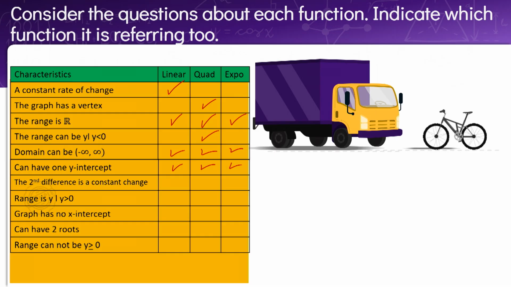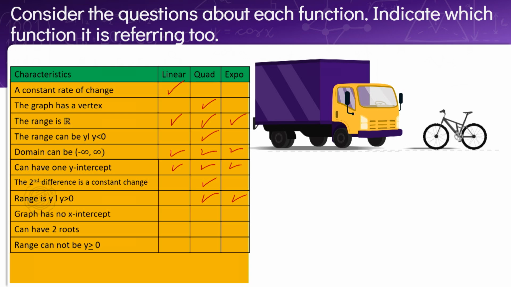All right, the second difference is a constant change. Which did we have to find that second difference? Quadratic. Range is y such that y is greater than 0. And we said that can be the quadratic and the exponential.